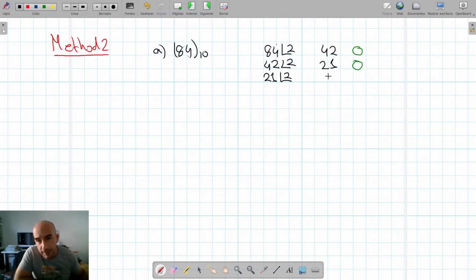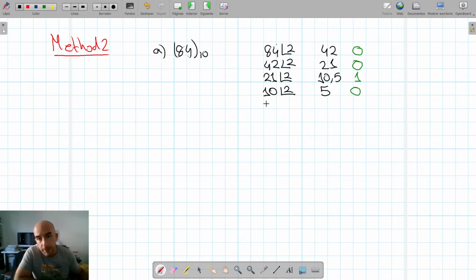That's 10.5. As we have that 0.5 remainder, we write a 1 when it's not an exact number. Then we get only the whole number, the 10, not the 0.5, and we divide it by 2 again. That's a 5, an exact division.